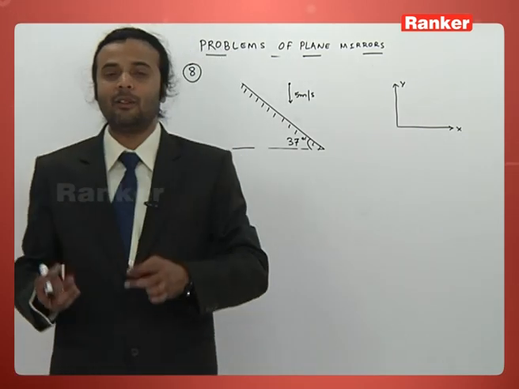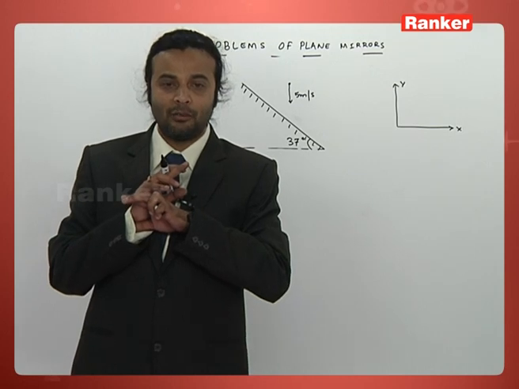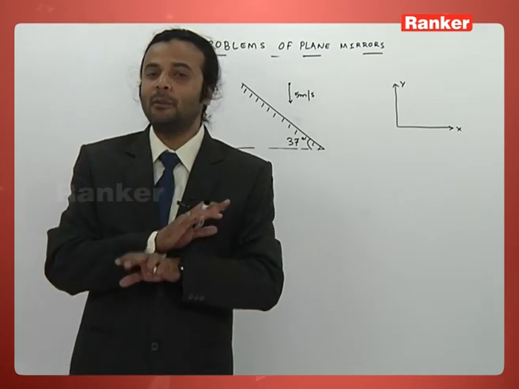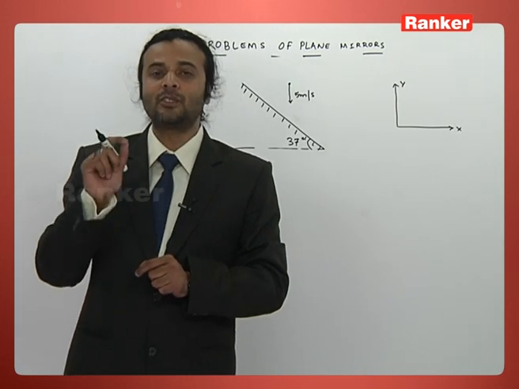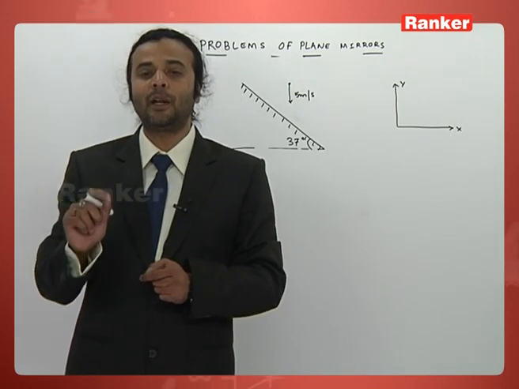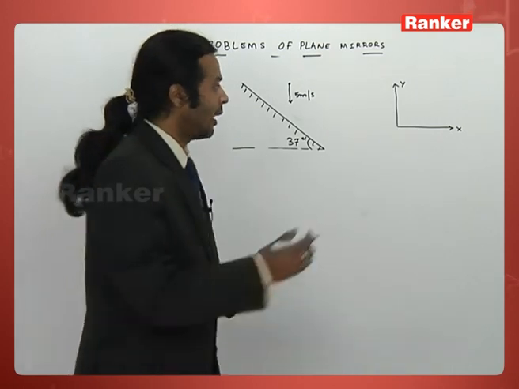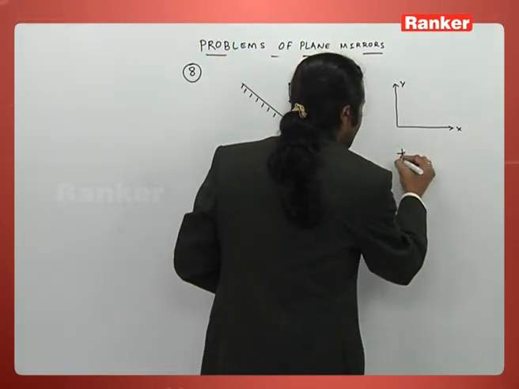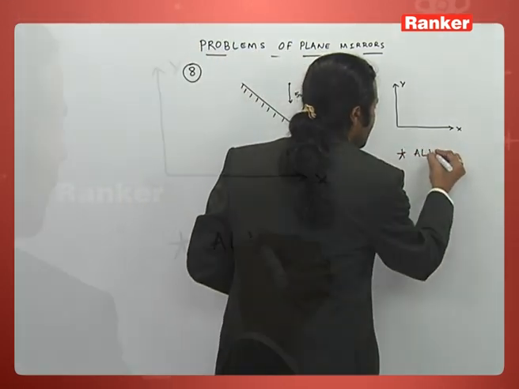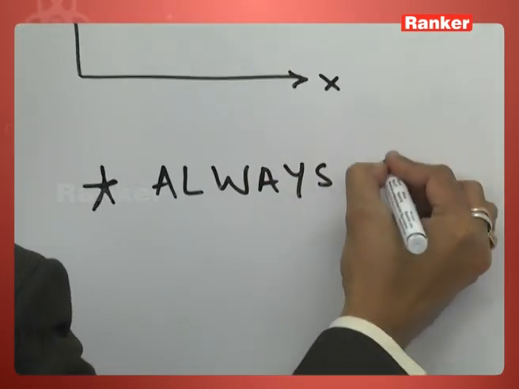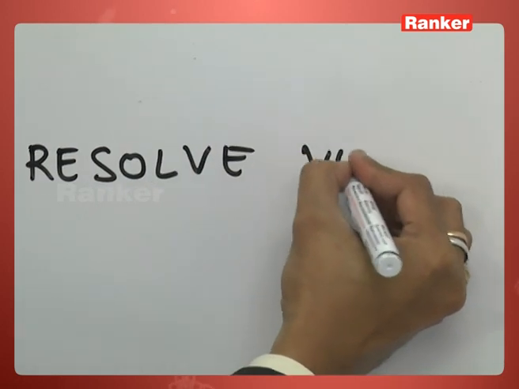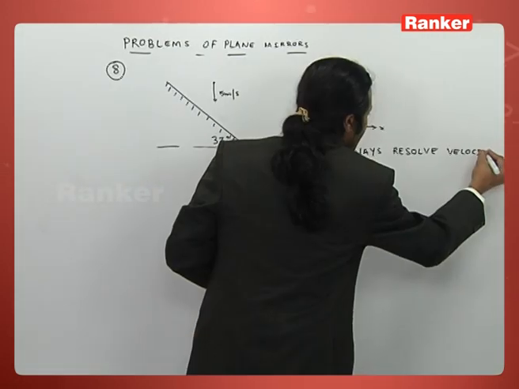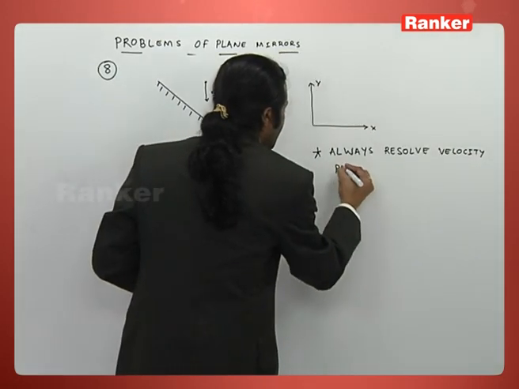Already I have said whatever the orientation of the mirror be, whatever the direction of the velocity be, always resolve the velocities perpendicular to the mirror. I put an asterisk and write: always resolve velocity perpendicular to the mirror.